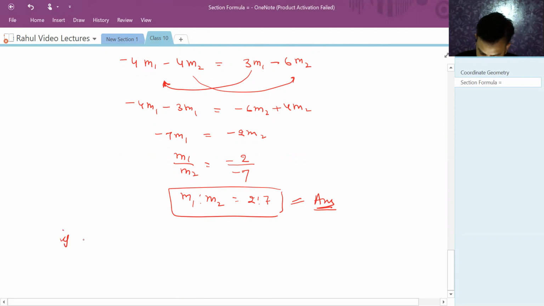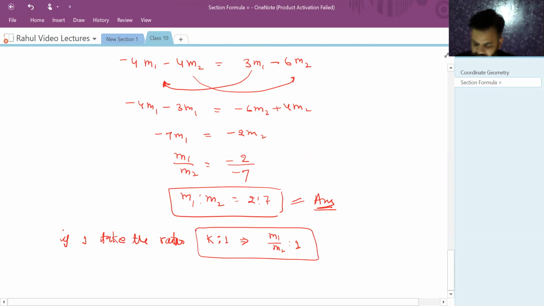If I take the ratio k ratio 1, and k will be your m1 divided by m2 ratio 1. So we can take this ratio and we can solve the question.